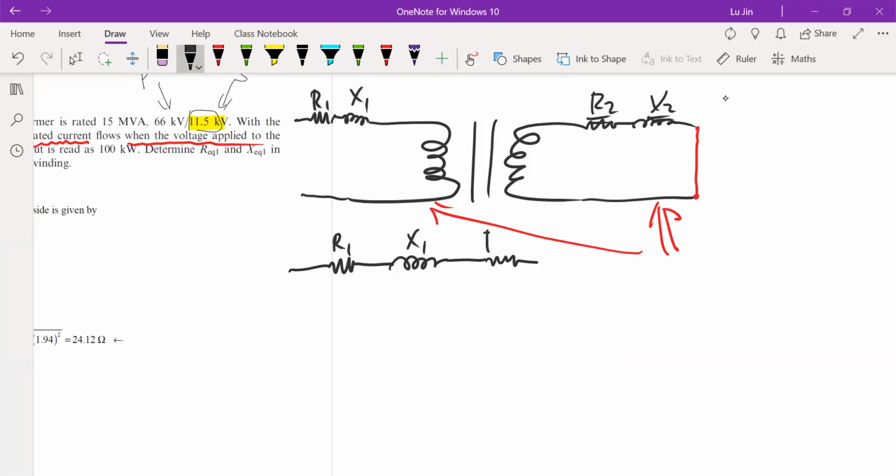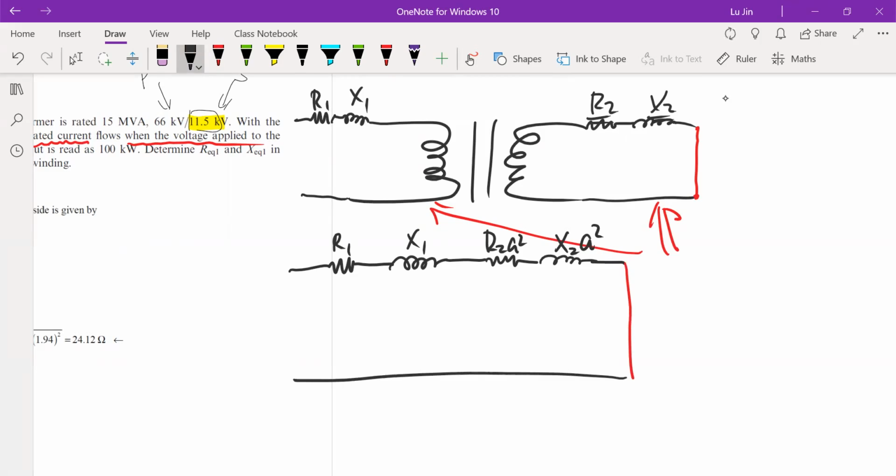So R2 becomes R2 A squared, and X2 becomes X2 A squared. And the single short connection wire is still a wire, nothing has changed. And then go back.